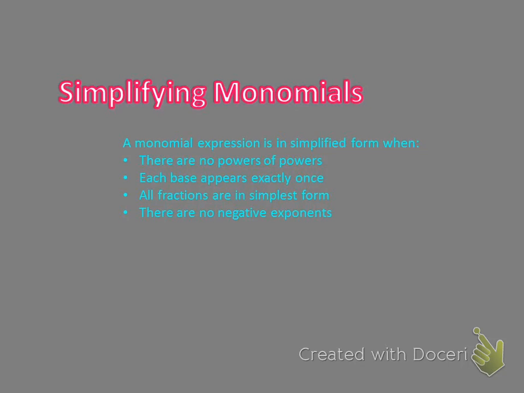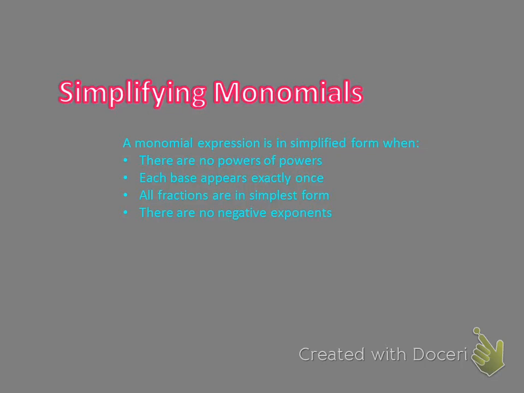A monomial expression is in simplified form when: Number 1, no powers of powers. That means you don't have x squareds being cubed; you make it x to the 6th. That's point 1. Point 2: each base appears exactly once. Anybody know what a base is? Like an x or a y. Very good.